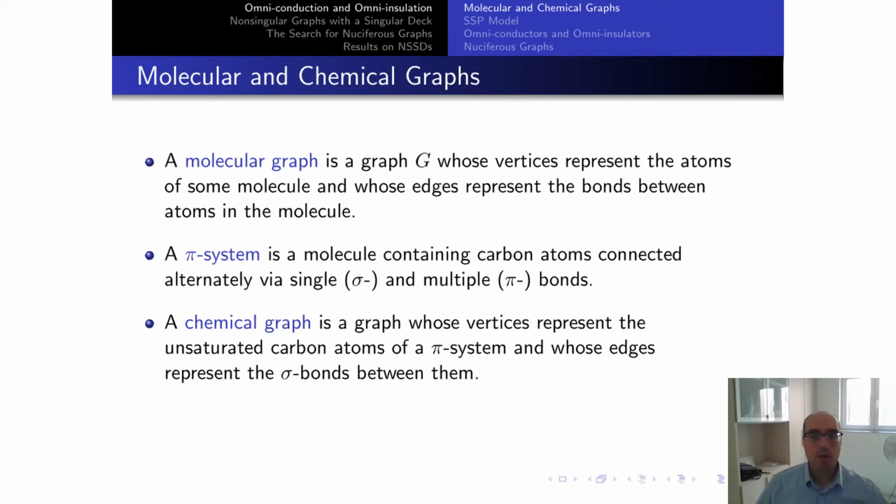A chemical graph is a graph whose vertices represent the unsaturated carbon atoms of a pi system. What do I mean by an unsaturated carbon atom? Carbon atoms like to bond with 4 other atoms, and when that happens, the carbon atom is saturated.